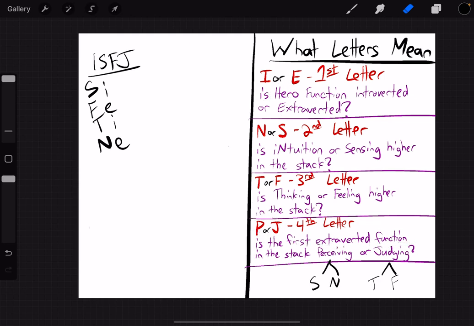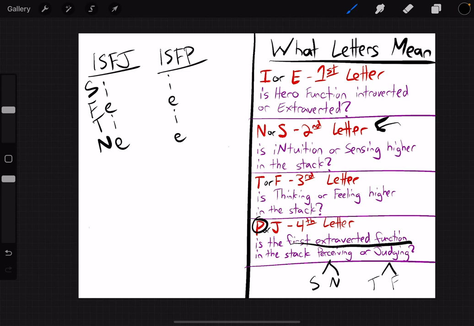And then, just to demonstrate how one letter can change the types drastically, we'll look at the ISFP. One letter change, and you'll see that they don't share any functions. So again, it leads with introversion, extroverted, introverted, extroverted. And then we want to find the first extroverted function. In this case, we know it's perceiving.